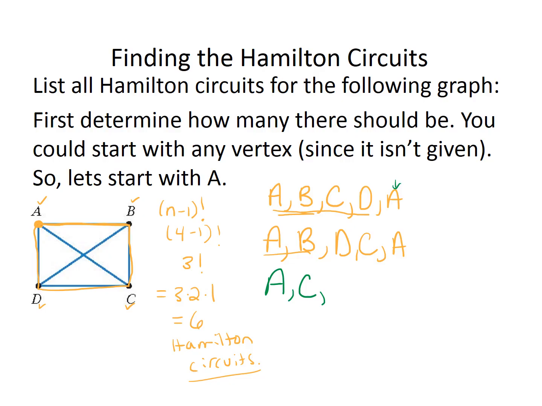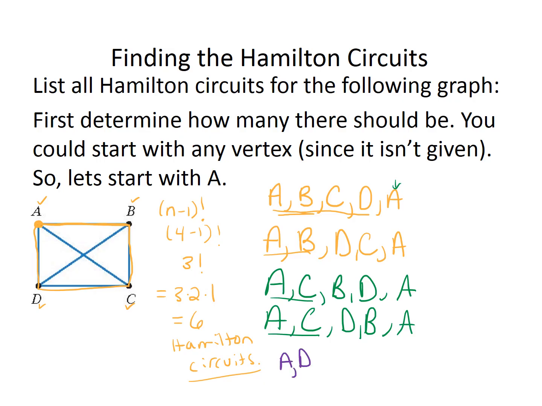With AC, I can either do A, C, B, D or A, C, D, B. Those are the only choices that start with AC, and then of course we put the A at the end to close the circuit. Then the next one starts with AD. You can do AD, and then what's left is B and C: A, D, B, C or A, D, C, B. Those are the ones that start with AD.